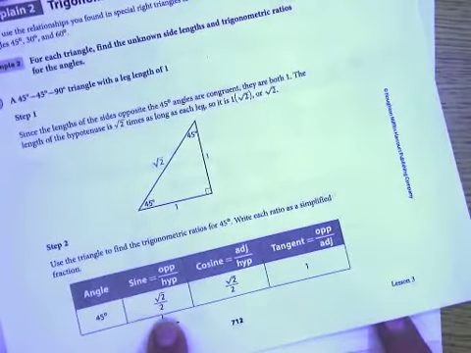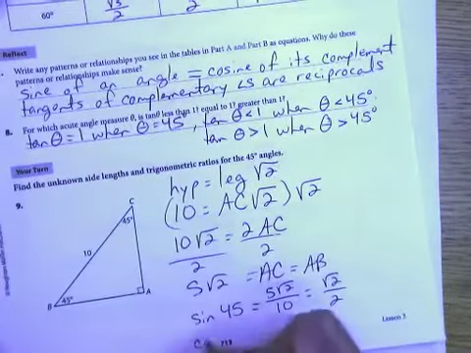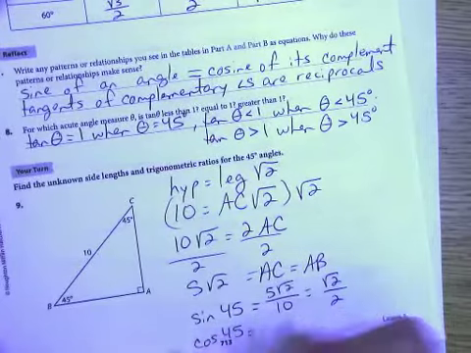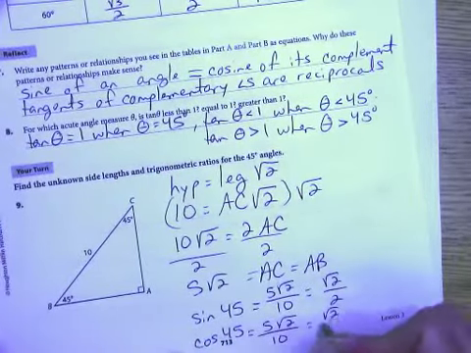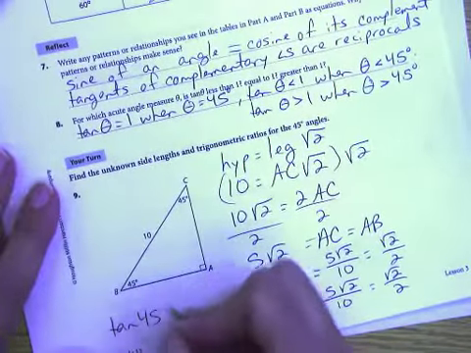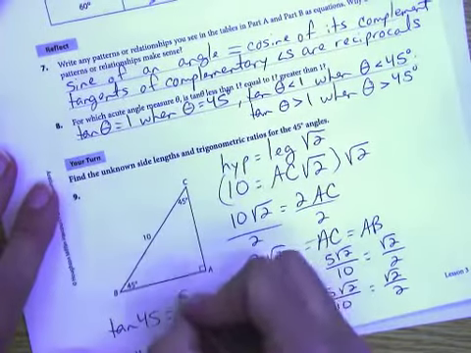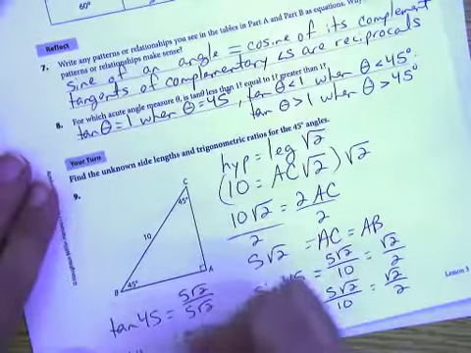Very interesting. Same idea with the cosine. It'll be 5 radical 2 over 10, which will reduce to radical 2 over 2. And then tangent of 45 will be 5 radical 2 over 5 radical 2, which is 1.